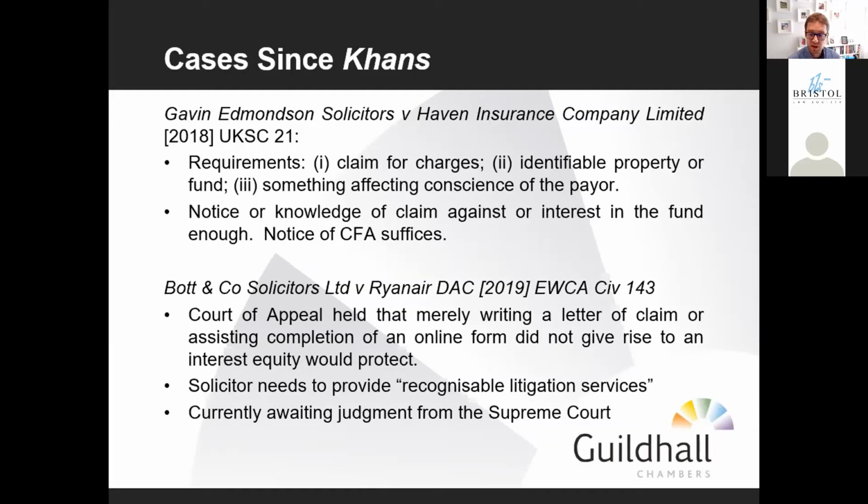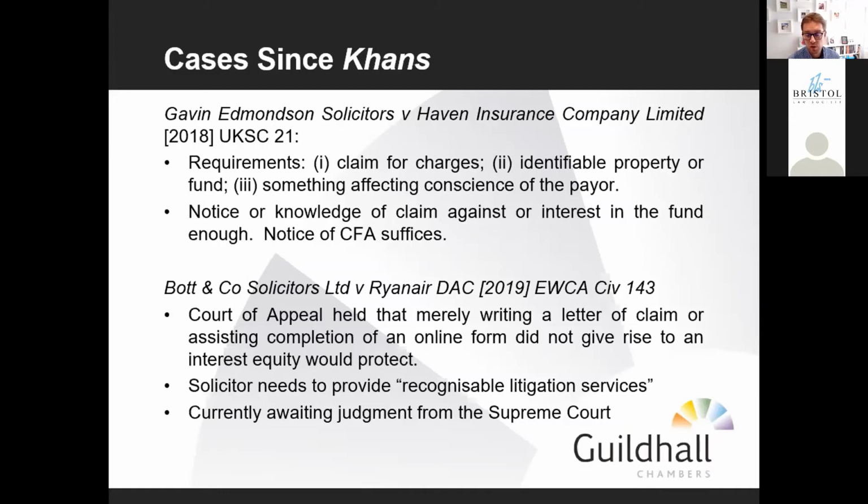Now, that argument was ultimately accepted by the Supreme Court, who said that simply receiving the claims notification forms in which Edmondson informed Haven that it was acting under a CFA was sufficient to constitute notice in those circumstances. To a certain extent, I suppose you can see how that's an obvious conclusion.